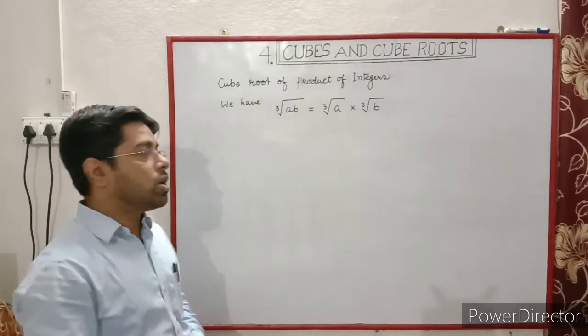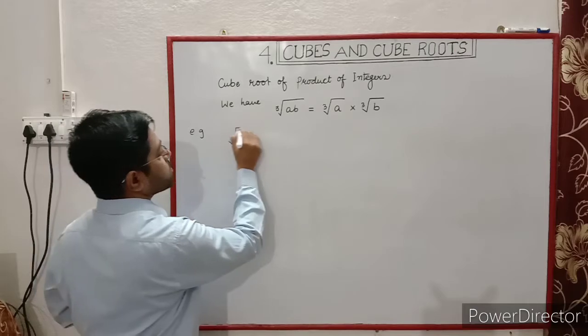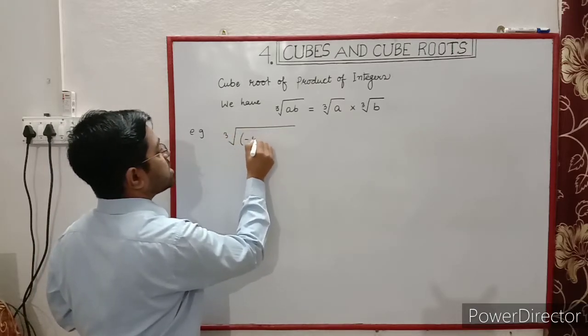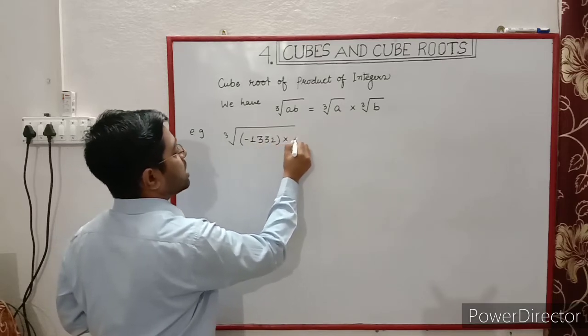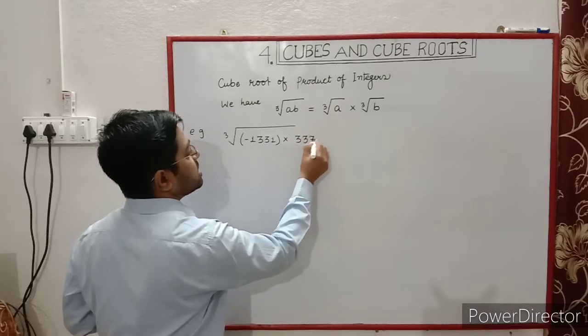Find the cube root of minus 1331 is multiplied by 3375.